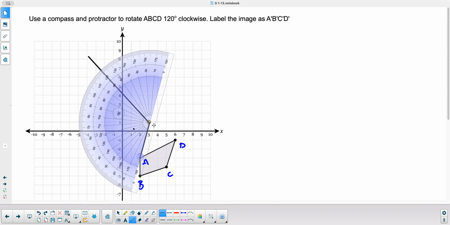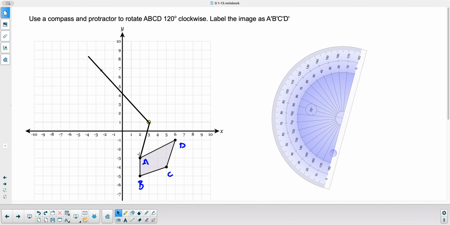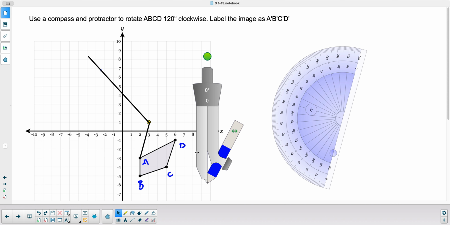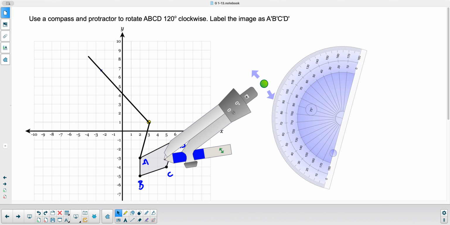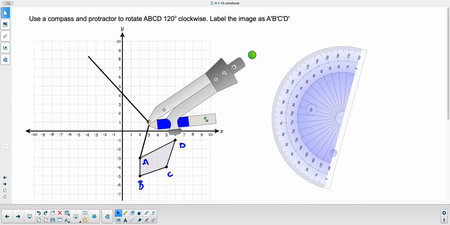So this is the angle here. Oops, hold on, sorry. For A. So what I'm going to need to do is I'm going to need to take my compass. And I'm going to need to swing that point until I get... Oh, you know what? I went counterclockwise. Darn it. I'm going to have to redo that angle.